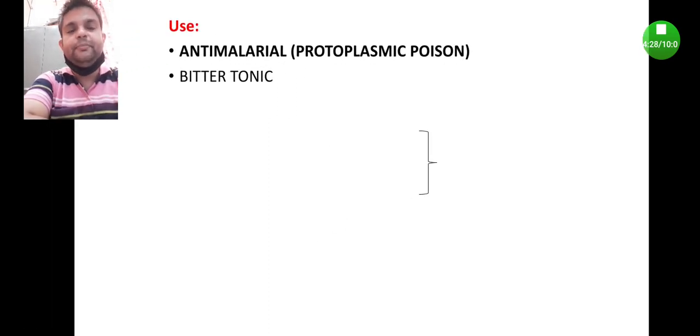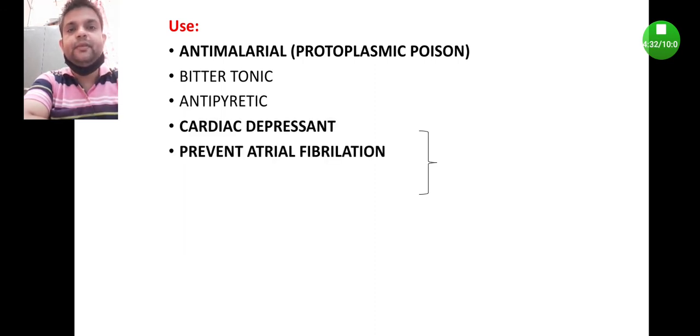It is also a bitter tonic, antipyretic, a cardiac depressant, and it prevents atrial fibrillation. These two activities are due to the presence of the glycoside called quinovin, whereas anti-malarial activity is due to the presence of the alkaloids quinine and quinidine.